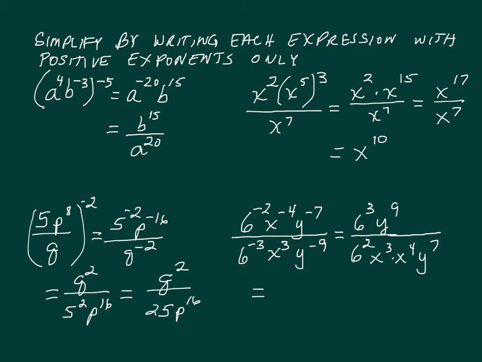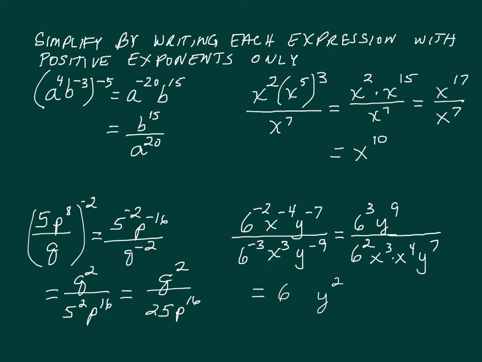All right, so 6 to the 3rd power divided by 6 to the 2nd power. If you do the arithmetic and know your rules for exponents, it's just 6. Okay, y to the 9th divided by y to the 7th leaves us a y squared at the top.